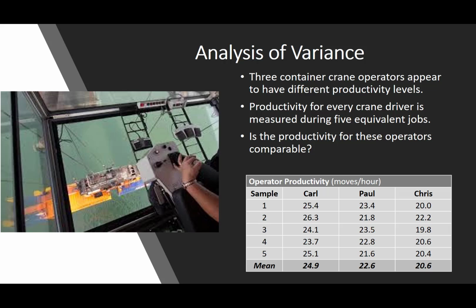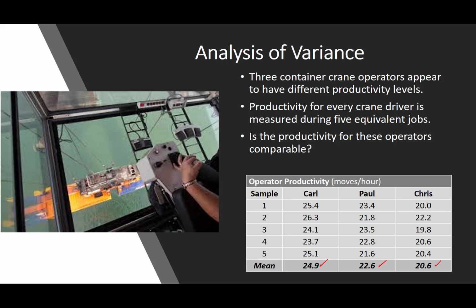So we have Carl, Paul, and Chris running the same crane, and we see that Carl has a mean of 24.9 moves per hour, while Paul completes his task at a rate of 22.6 moves per hour on average, and Chris 20.6 moves per hour on average.